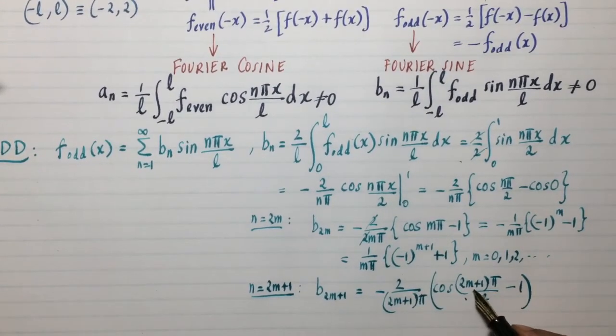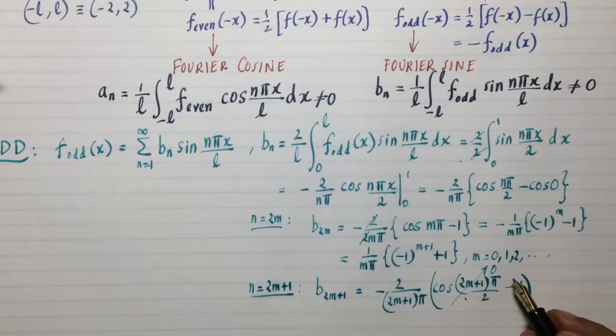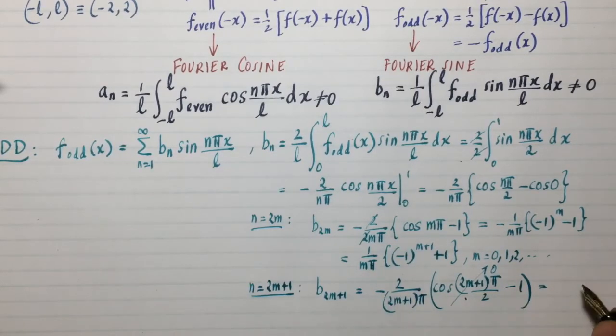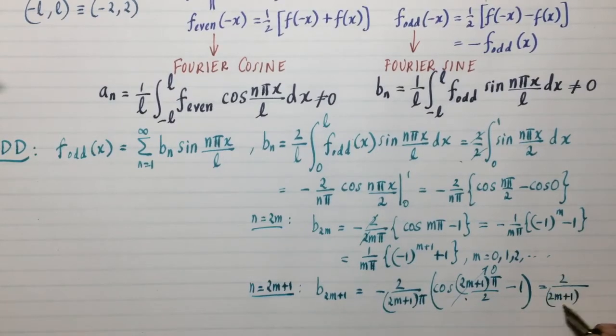Cosine of an odd number times pi over 2 is always 0, like cosine pi over 2, 3 pi over 2, 5 pi over 2, 7 pi over 2, and so on. So that's 0. So that just gives me the negative and the negatives cancel out. So it gives me 2 over 2m plus 1 times pi. So we have a formula for both even and odds, and now it's just a question of gathering everything together and writing the answer.